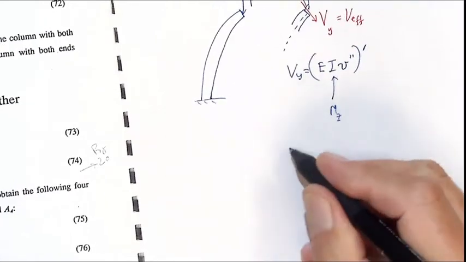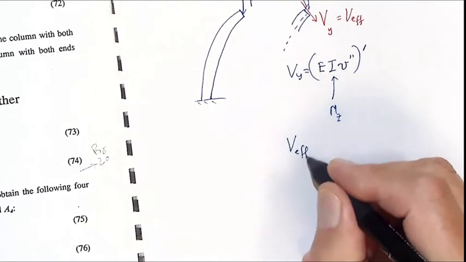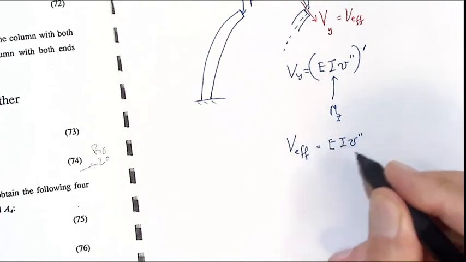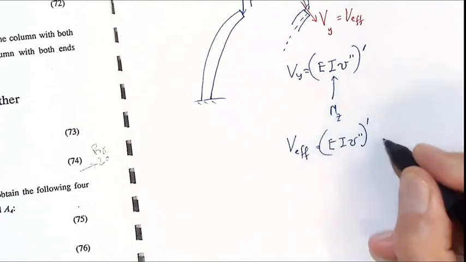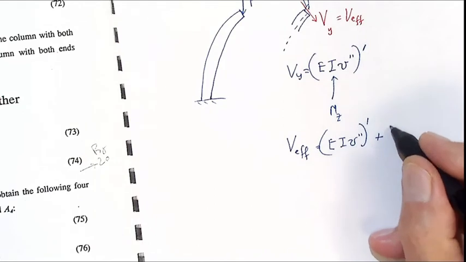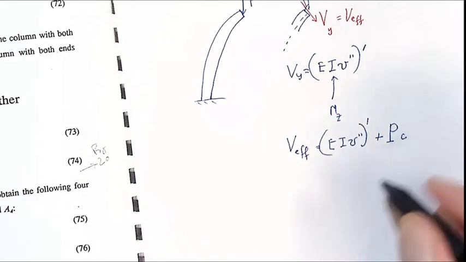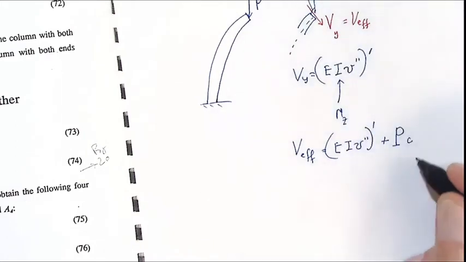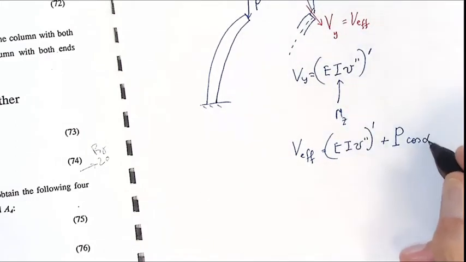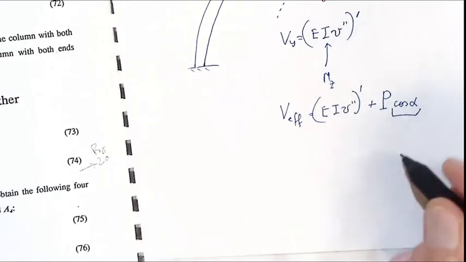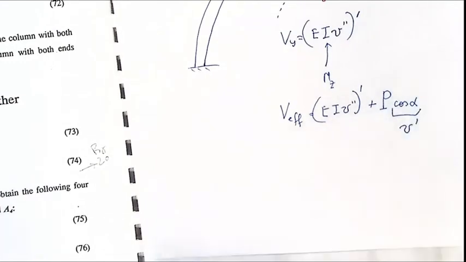So then we have V effective equals EI V double prime, first derivative, and then plus P, and then, okay, the cosine of this angle. This angle we can calculate equals V prime.